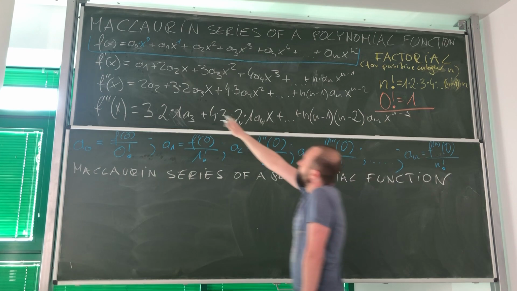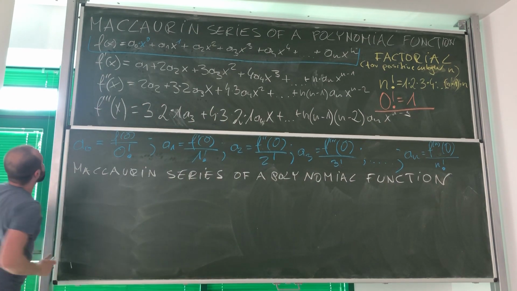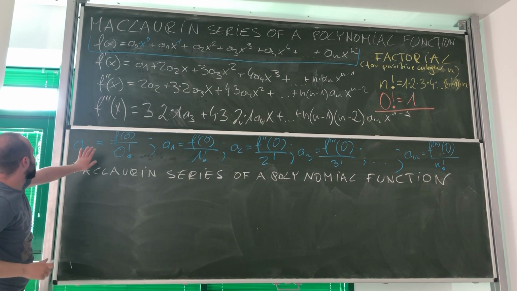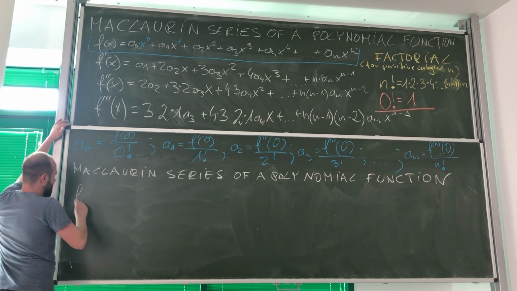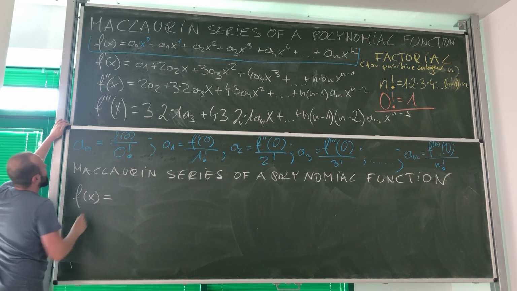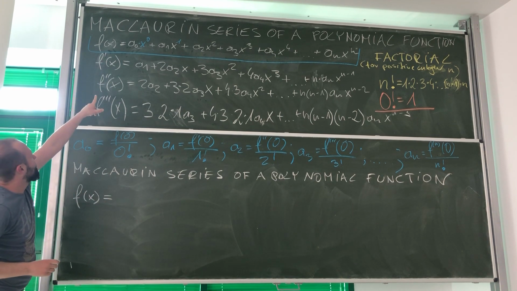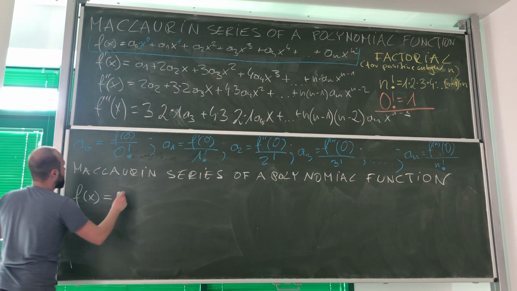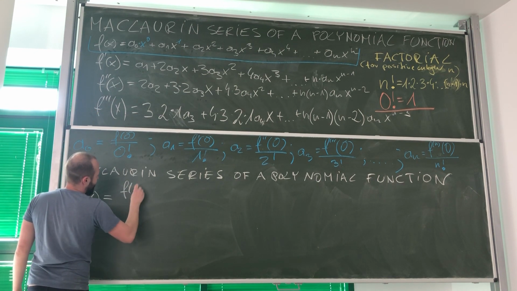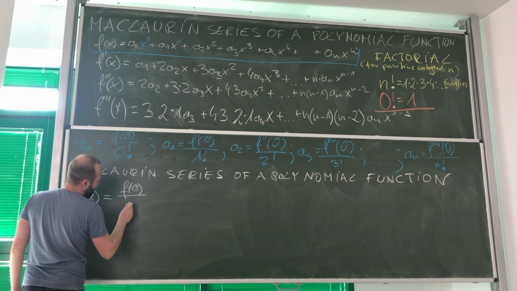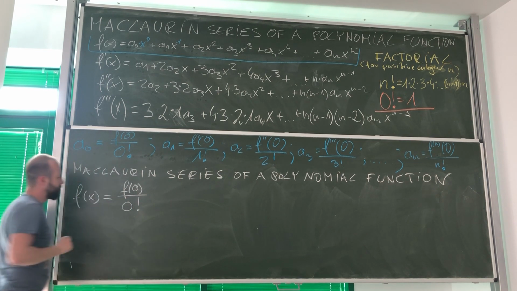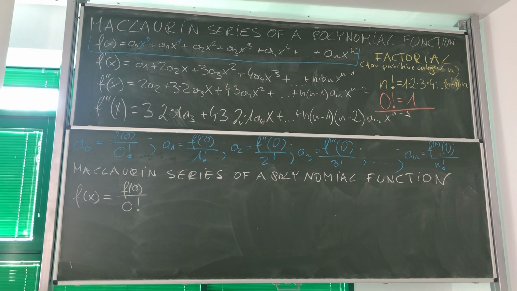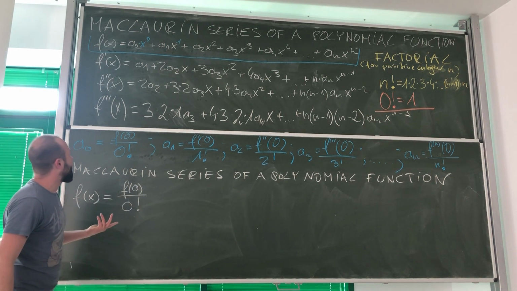Okay, and look, all we've got to do is to take the function we've got and substitute what we had over here. So we've got f of x is equal to a0. a0 is equal to f of 0 over 0 factorial. And look, we don't need to write it.